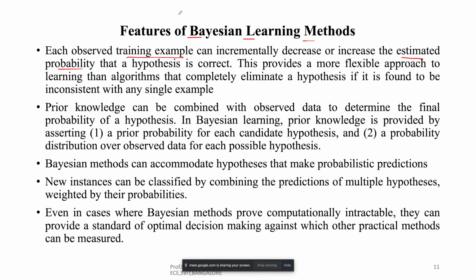The second one, you should know beforehand how this algorithm works, how the probability works. Take one case here: you should know the prior probability for each candidate hypothesis, and the probability distribution over the observed data for each possible hypothesis. Like the example we took in the first module, sports.